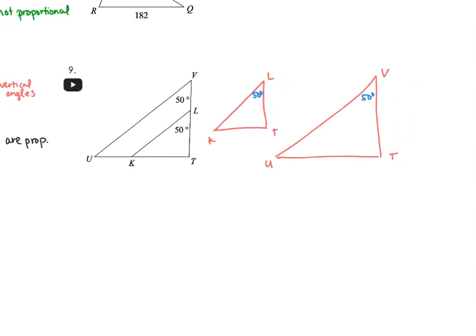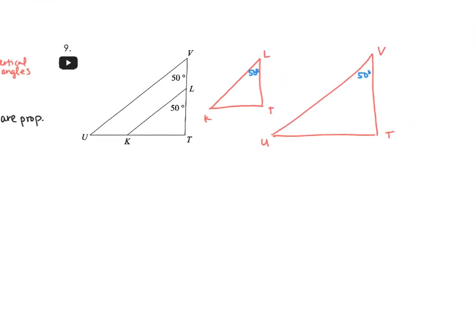Well, in looking at these pictures, I don't know anything about the sides, which tells me that I'm going to check angles. So the first angle I know is that angle L is congruent to angle V, and the reason for that is it's given to us. Those measurements are already given. The other thing we know is that angle T is a shared angle, which means it's the same for both triangles.